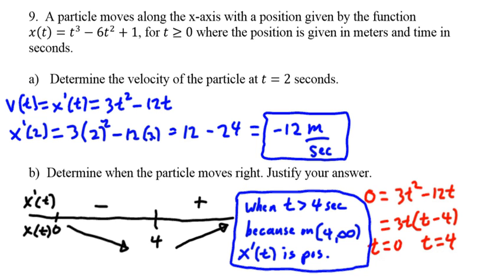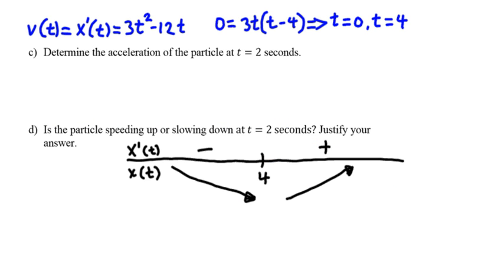Okay, part C. Determine the acceleration of the particle at t equals 2 seconds. Well, the acceleration, which we call a of t, is going to be the second derivative, which we call x double prime of t, of the position function.